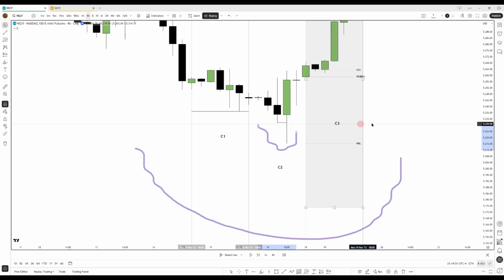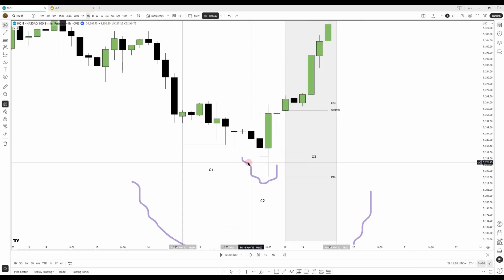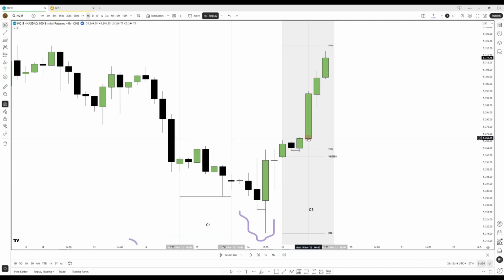So we have a big swing and then we have a little swing here. So every day on the 4 hour, you're gonna find a swing. You see this swing here? This is 2 a.m., this is 6 a.m., this is 10 a.m., right? This is 2 p.m. That makes sense, yeah?